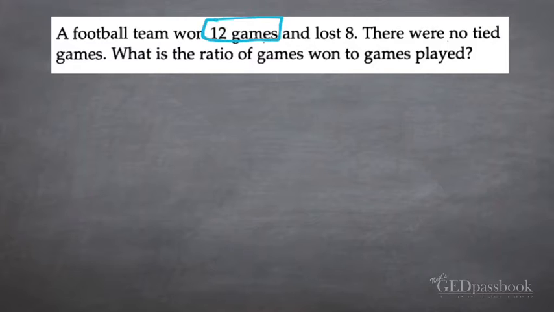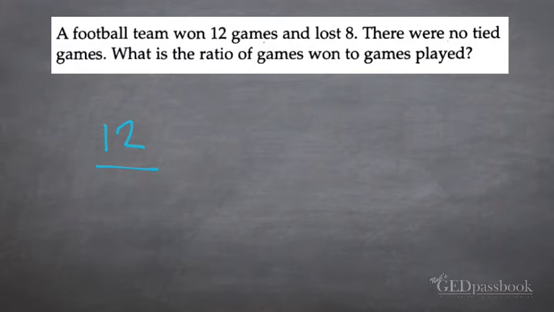I hear 12. Does everyone else think that? Yeah? Good, because it says it right there. A football team won 12 games, right? 12 to games played. How many games were played? 20.